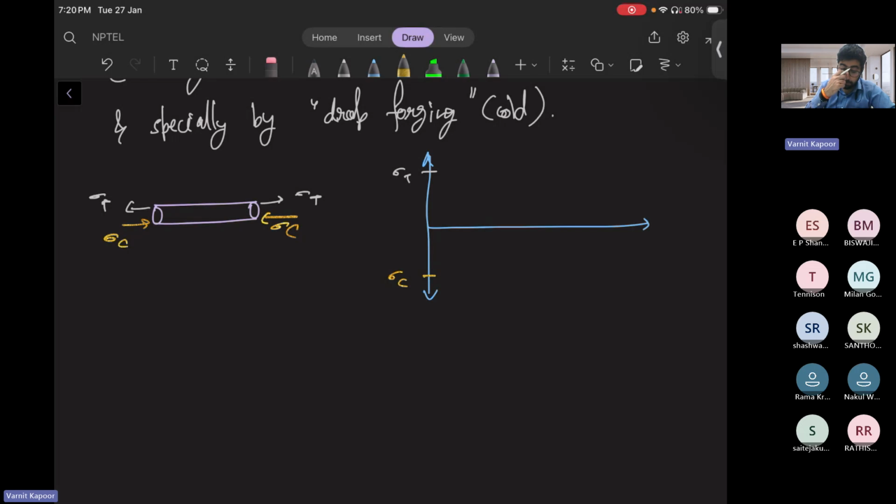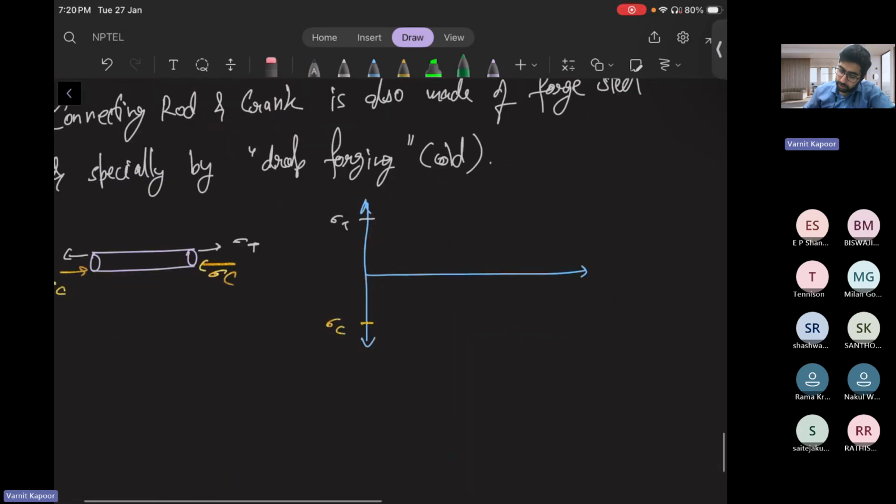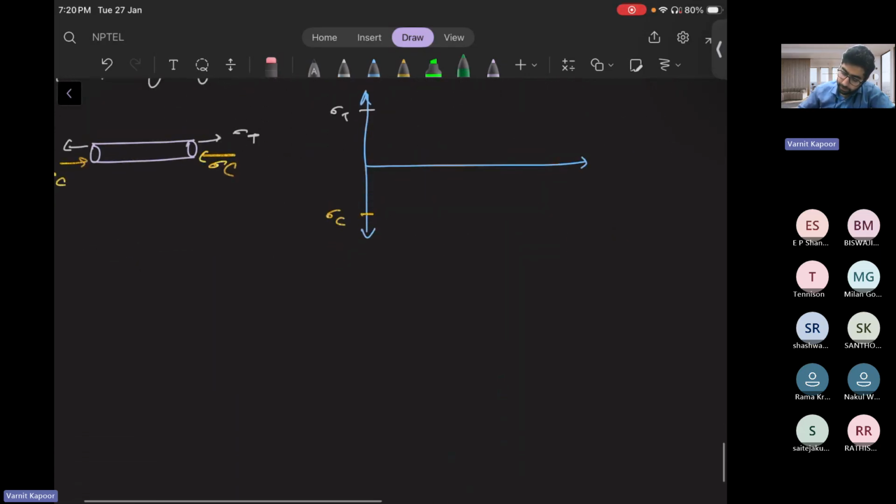Okay, so before forging, the stresses were very high. If I don't forge and just put the ductile Gudgeon pin, the stresses generated will be very high inside it, and it will experience a cyclic loading.